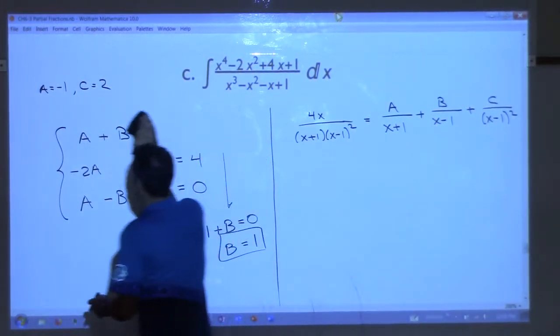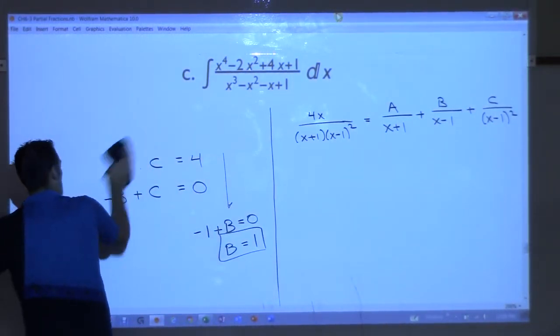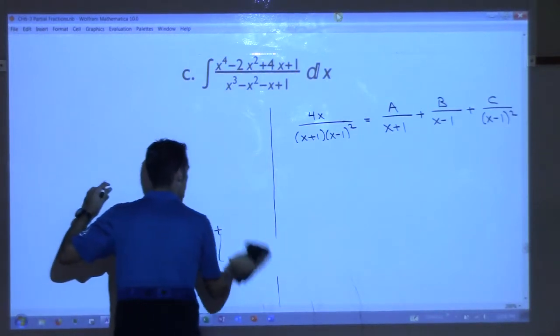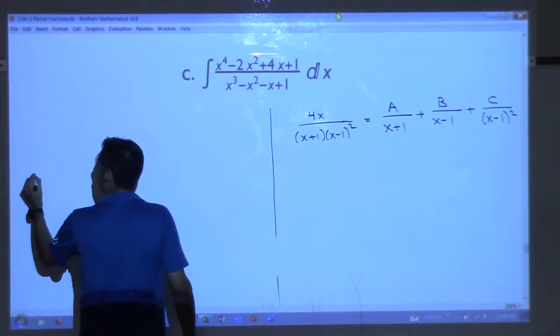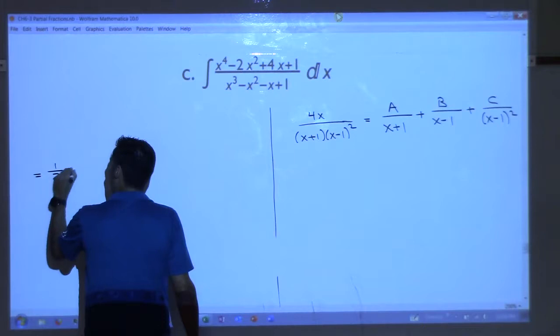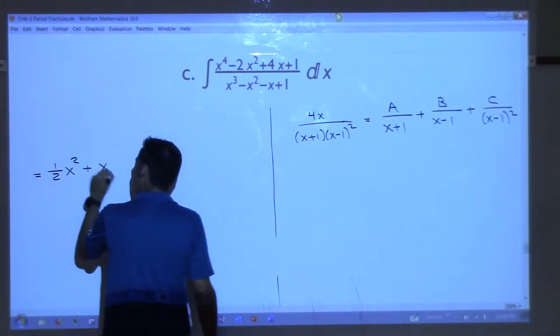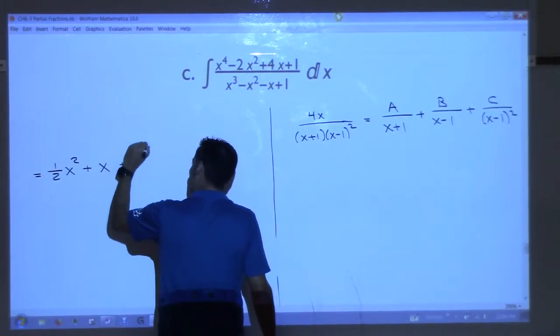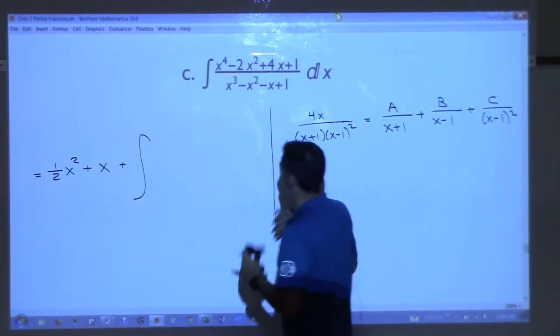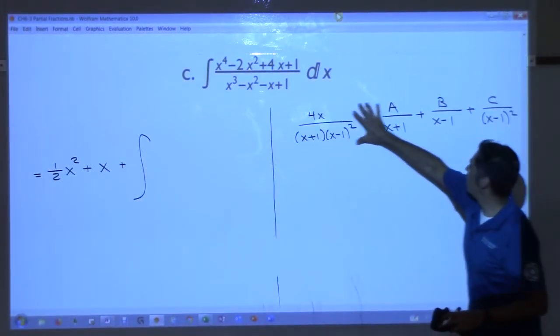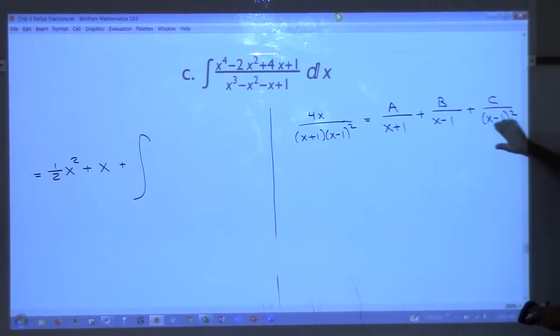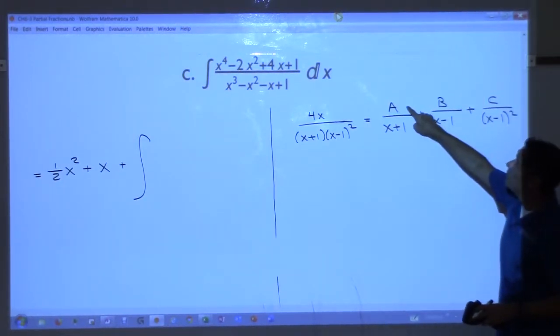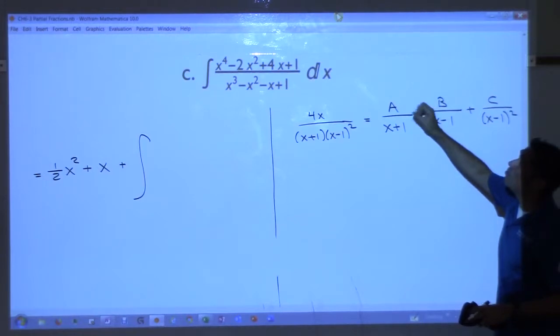So back to our answer. I'm going back to where we had our answer going, right? Our answer is 1/2 x squared plus x, was that it? Yes. Okay, and then it was plus the integral, and then we took that thing right there and we just broke it up into its partial fraction decomposition. What's a? A was negative 1, right?